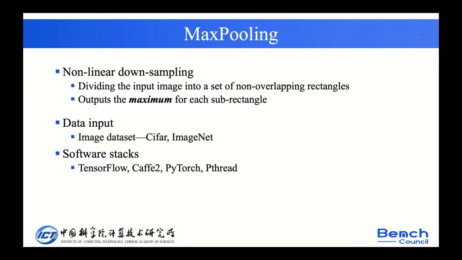Max pooling divides the input image into a set of non-overlapping rectangles, and max pooling is a non-linear downsampling, and outputs the maximum for each sub rectangle.